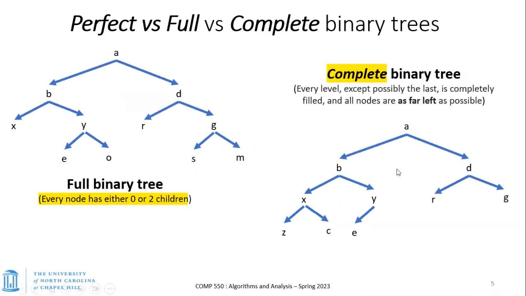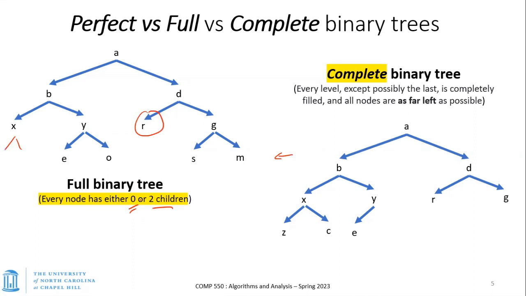However, a full binary tree may be a little confusing. A full binary tree is essentially one where every node has either 2 children or 0 children. So you can see that it's not perfect in the sense that some of these nodes don't go all the way down to the bottom, but they do satisfy the property that they have either 0 children or 2 children.